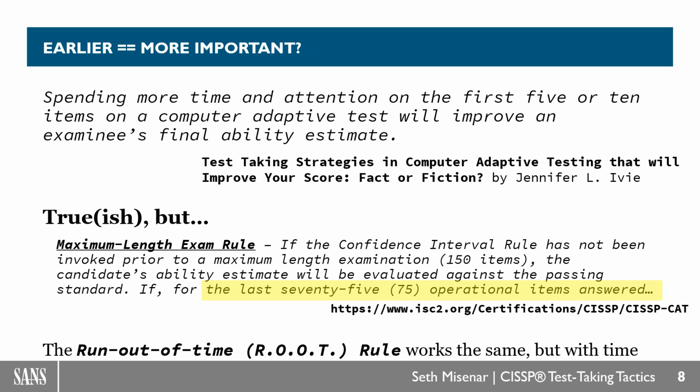She's a PhD in psychology, psychometrics, and the paper is about test-taking strategies in computer adaptive testing that will improve your score. One of the callouts was that spending more time and attention on the first 5 or 10 items will improve the examinee's final ability estimate. So this makes a big difference.